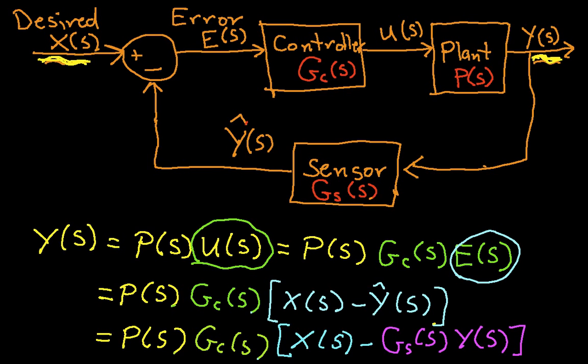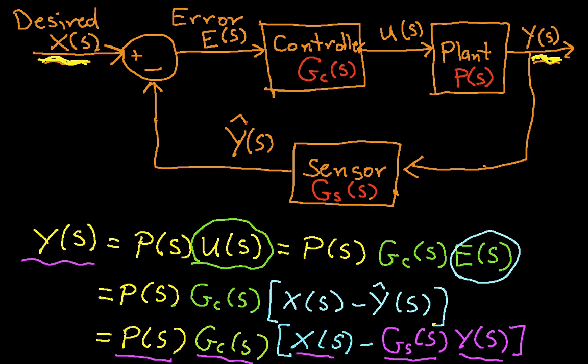Okay, so what we have here is Y of s on this side. We have another Y of s over here. We have X of s. And everything else is a transfer function of one of the components or subsystems: P of s, Gc of s, and Gs of s. So what we need to do now is solve this equation for Y of s.